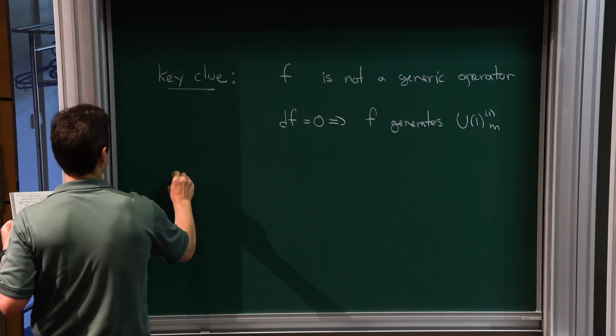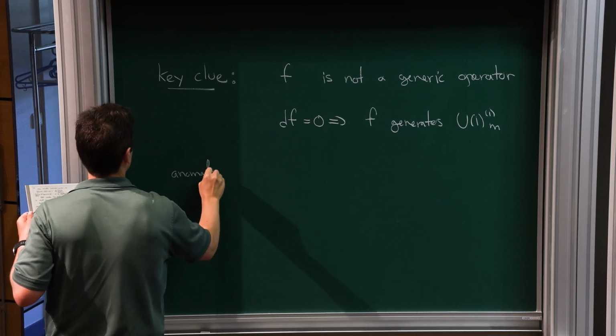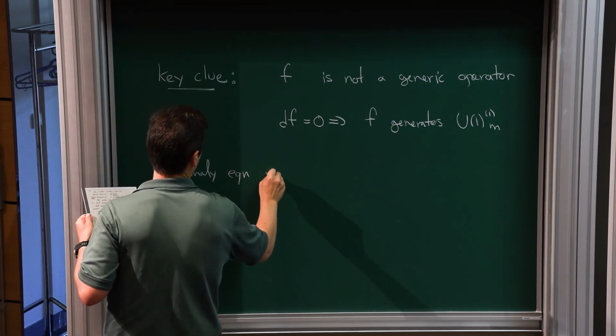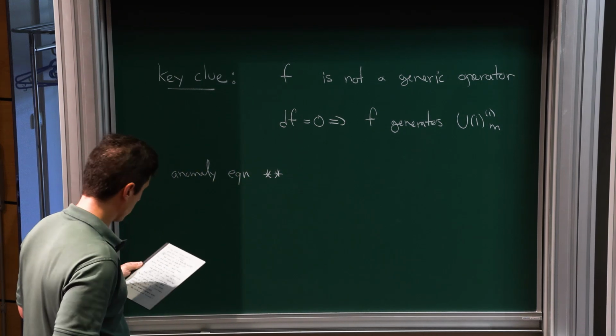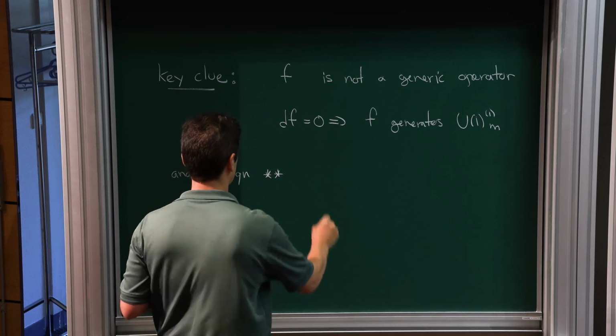So the anomaly equation star star is trying hard to be a current algebra.